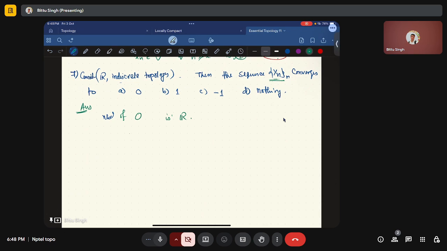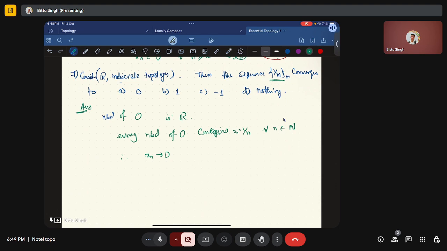Therefore, every neighborhood of 0 contains 1 by n for all n, instead of some n greater equal to k, it contains everything. Therefore, xn converges to 0.